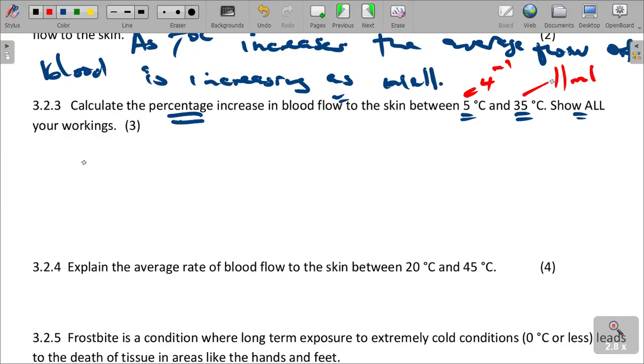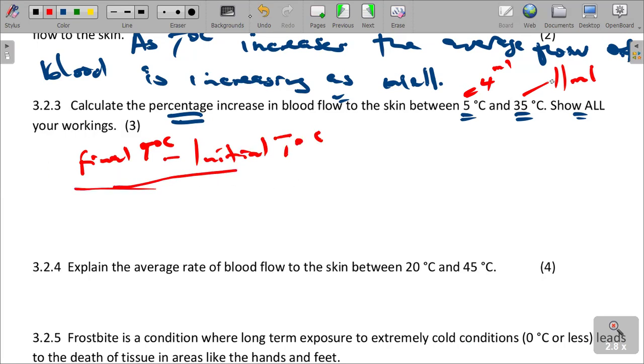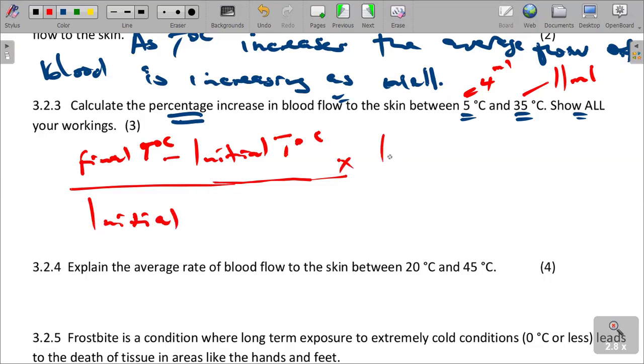So it is the final minus initial, divided by initial, multiplied by 100, because the question is saying percentage.